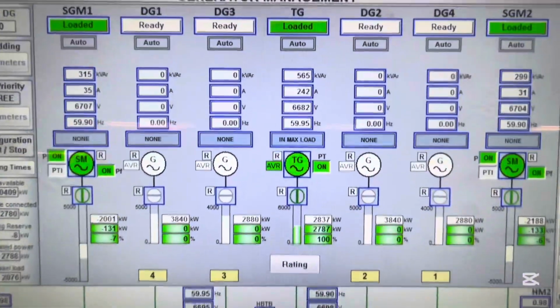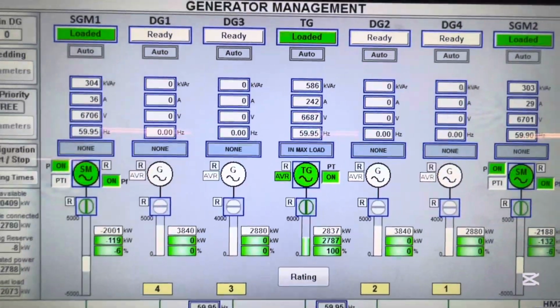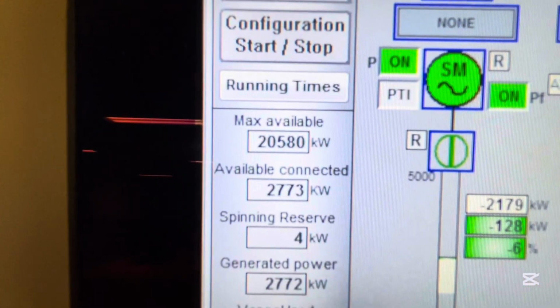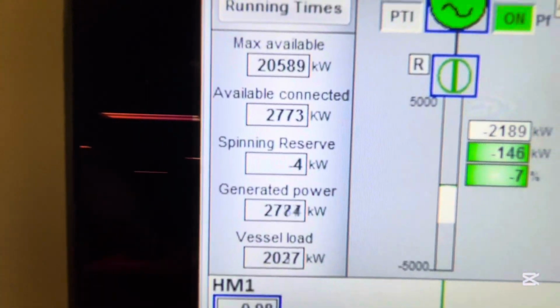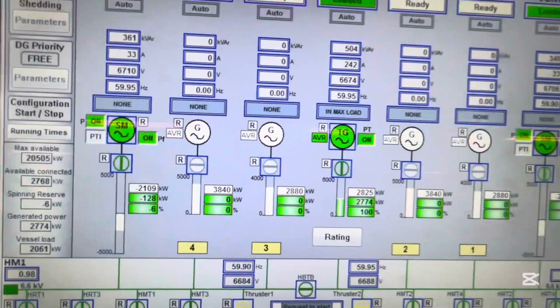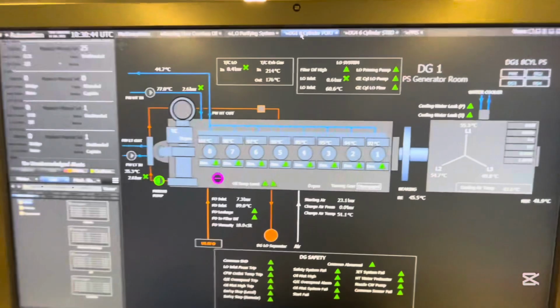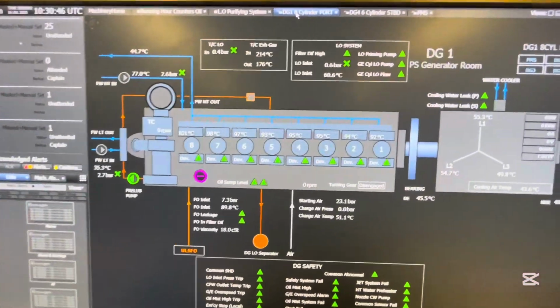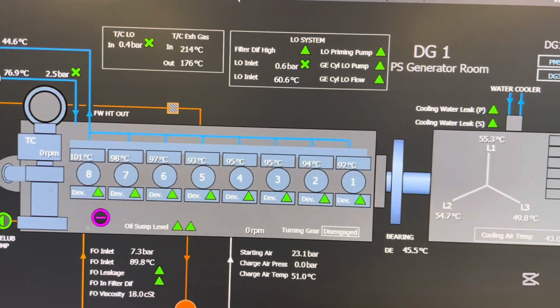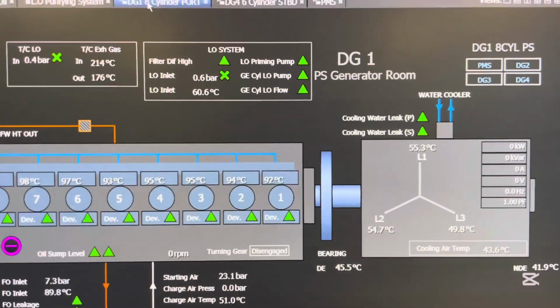If I'm at high seas, I don't want to use my generators; I'll use shaft generators and turbine generators to meet my power demand. It is based on the manufacturer and ship owner requirement. Moreover, the power that my generators can produce is around 20,000 kilowatt. Anyway, that is the second area through which you can control your auxiliary engine.